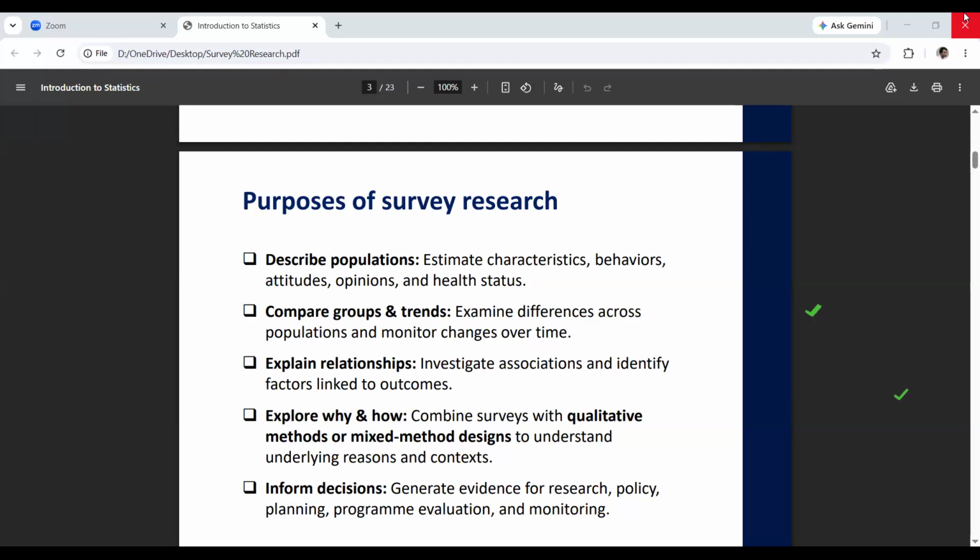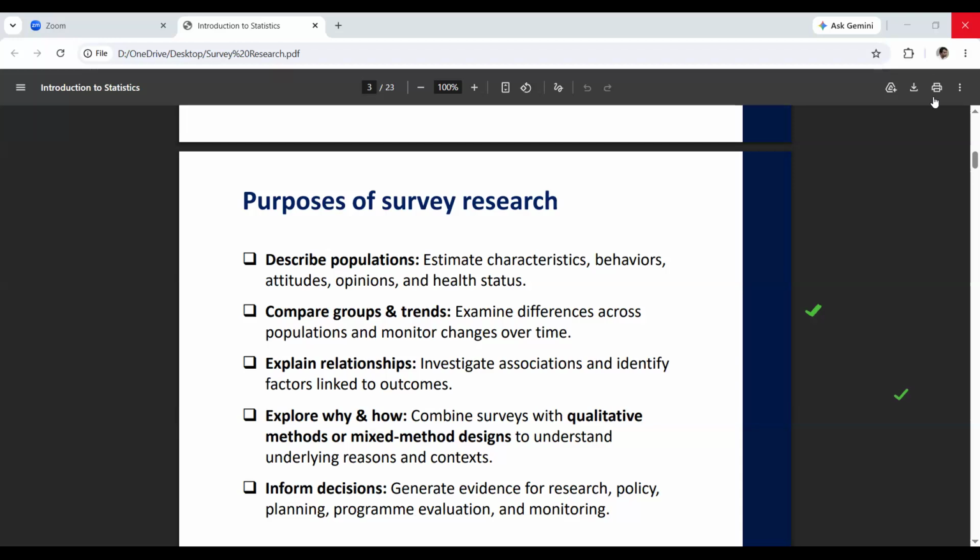We can also compare the access to toilet facilities across states in India. We can also compare the prevalence of obesity among male and female. What is the prevalence of obesity in rural population versus urban population? You will find a clear gap. So we use survey research data to compare groups and trends.